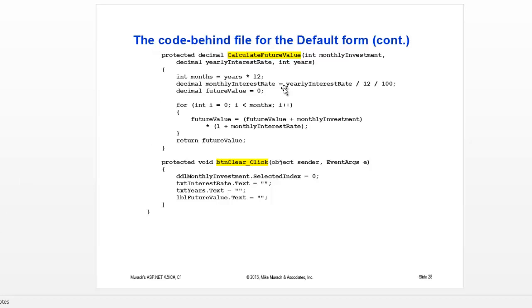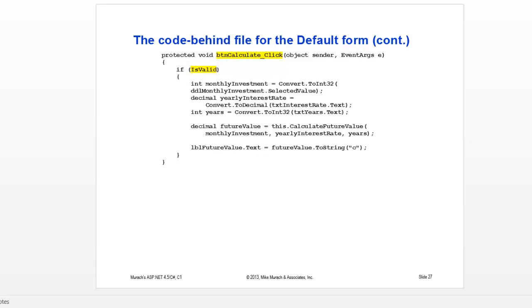And you notice that you have btnClear_Click here, and you've got the btnCalculate_Click above it that we saw earlier. Notice that this actually calls CalculateFutureValue. Now the this appended here with the period, that's actually optional, so you don't really have to worry about that if it's in the same file, and you only have one with this name.